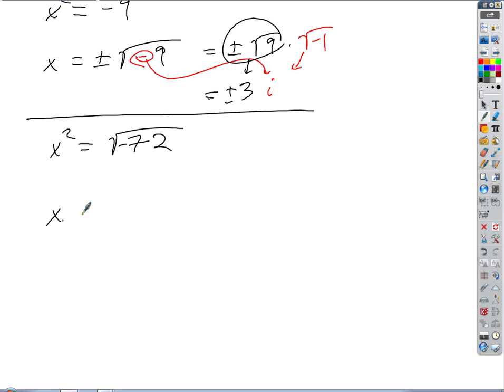Okay, good. So for one thing, we know that we're going to get an i out of that, right? What about the square root of 72? Okay, 36 and 2, isn't it? So the square root of 36 is 6 times radical 2 then, right? So where does the i go? Tell me what's wrong with this picture.